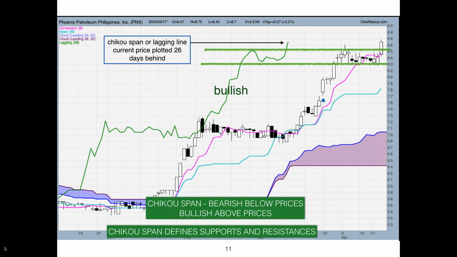Because the Chikou span can be used for the weekly chart, or all Ichimoku elements can be interpreted using any time frame. So we don't say 26 days, but 26 periods. It could be 26 days, 26 weeks, 26 months. So we count from today's candlestick, 26 periods back. That's where we find the Chikou span. So the Chikou span provides the range of support and resistances.